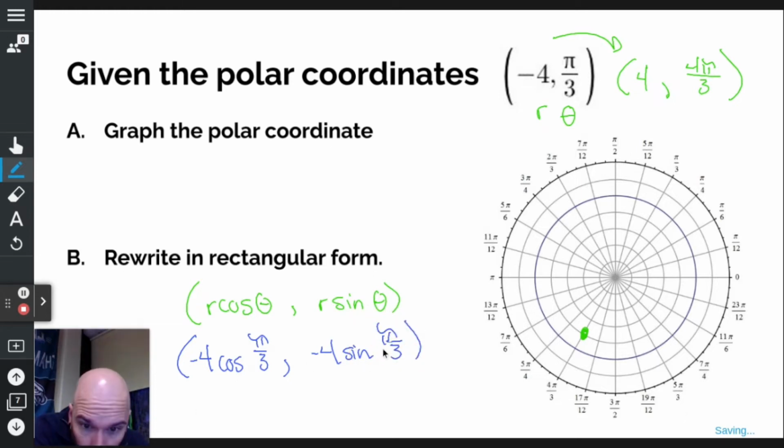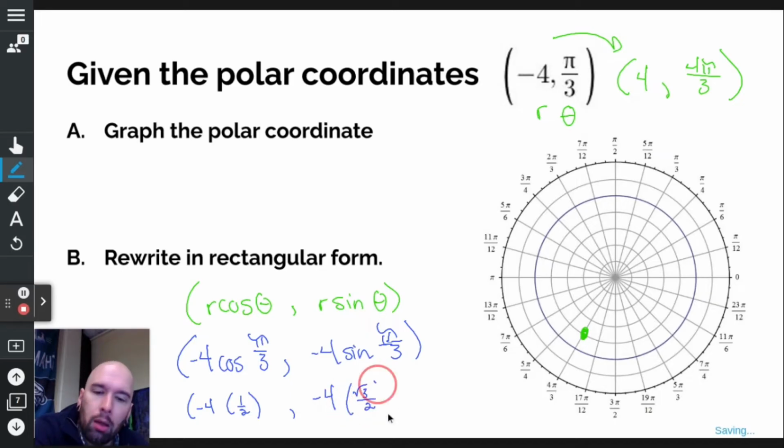Cosine pi over 3 is a half, so negative 4 times a half, and sine pi over 3 is root 3 over 2. Since I'm running out of space, let me write this all in one thing. Negative 4 times a half is negative 2, no overthinking there. Negative 4 over 2 is negative 2, and then negative 2 root 3.